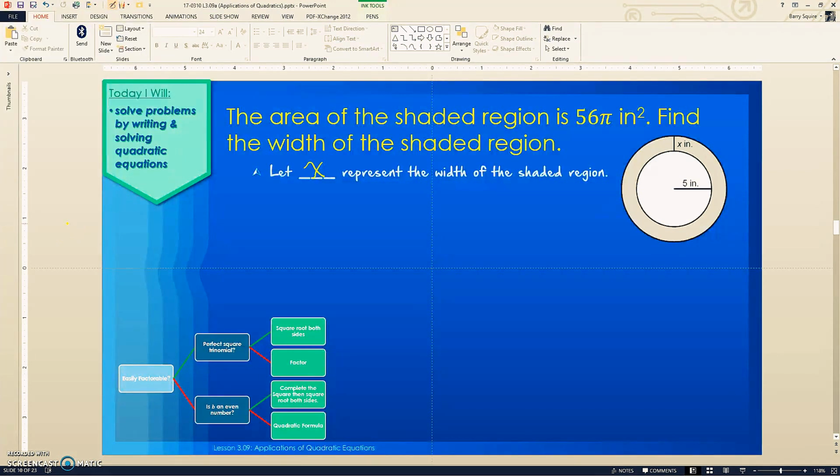So how did they get the area of that shaded space? Well, what they did was they took the area of the whole thing, including the shaded space, and then they took the area of the not shaded part, which is the inside, and subtracted.